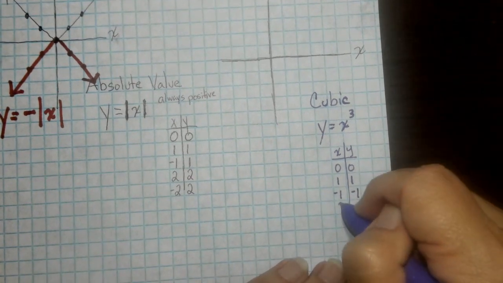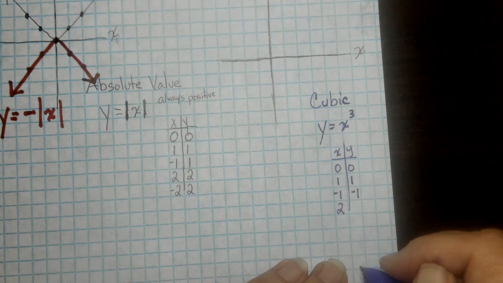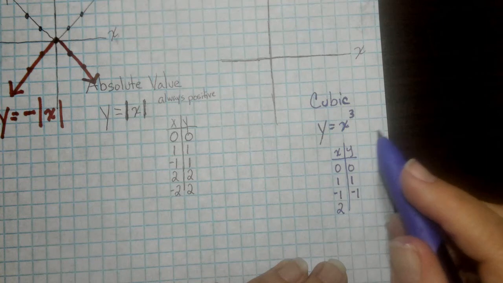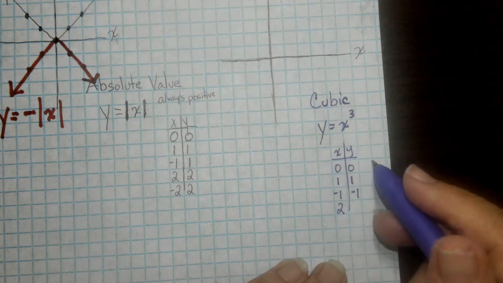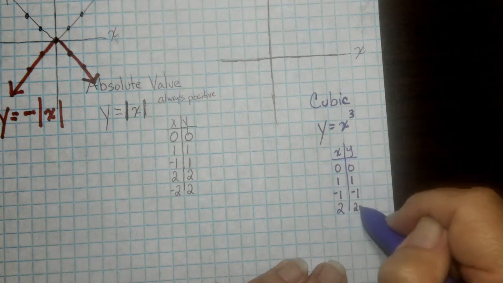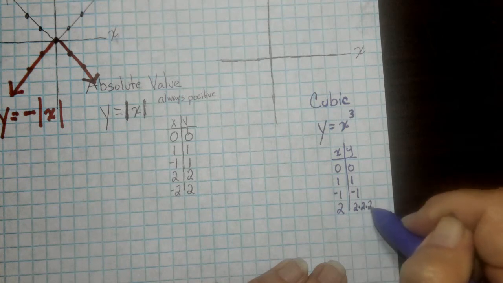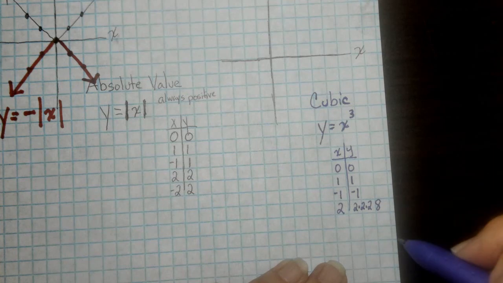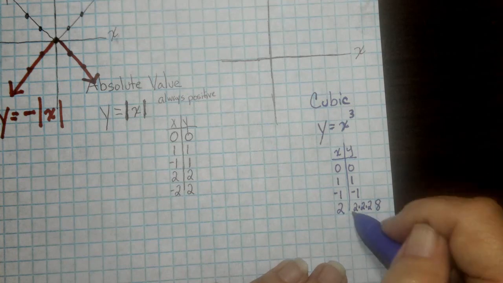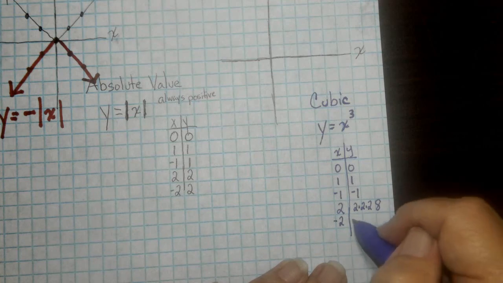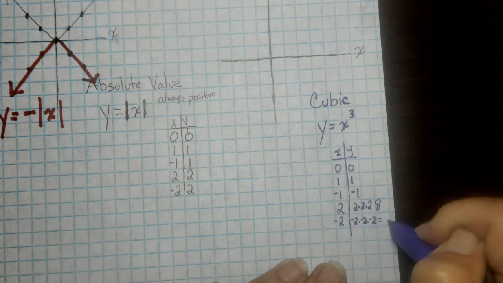Now what happens if I plug in a 2? 2 cubed. 2 times 2 times 2. 2 times 2 is 4. 4 times 2 is 8. And if I plug in a negative 2, that's negative 2 times negative 2 times negative 2. That's negative 8.